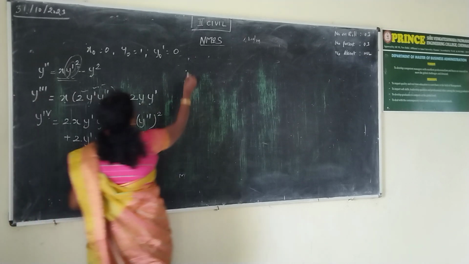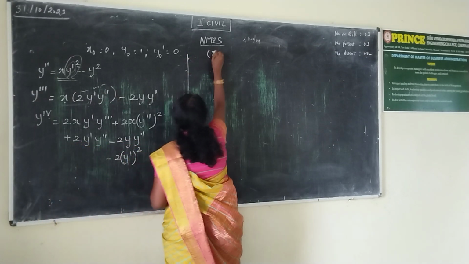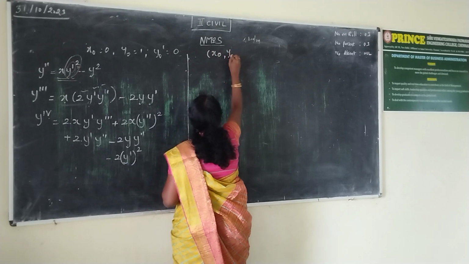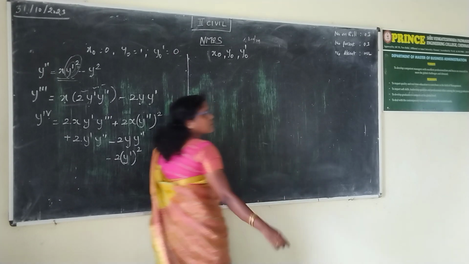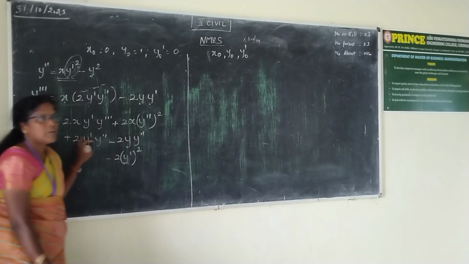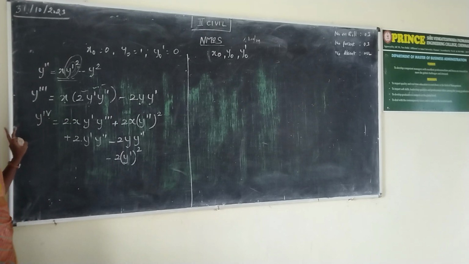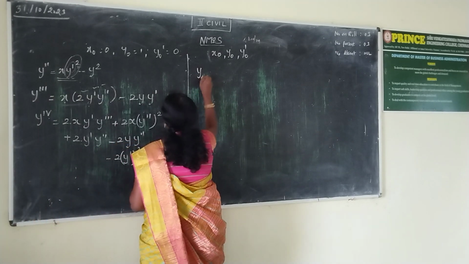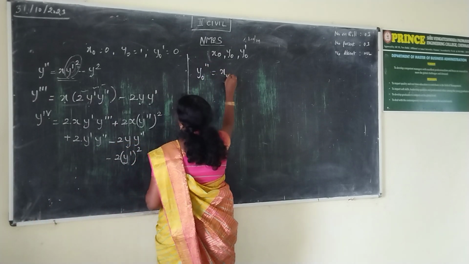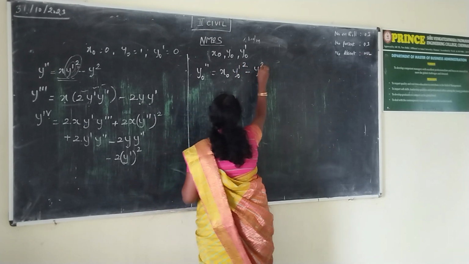So what we have next to color? We have to find all these derivatives at the point x0, y0 and y0 dash. So in this equation you are going to replace all x and y to be x0 and y0. Okay, no? Replace it. y0 double dash is equal to x0 y0 dash square minus y0 square.